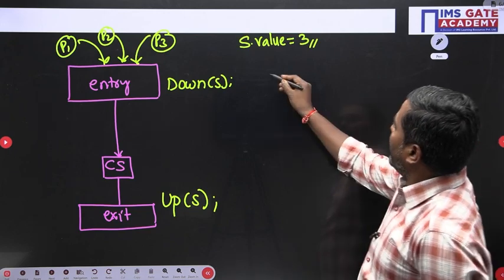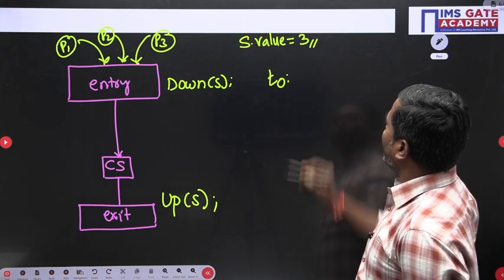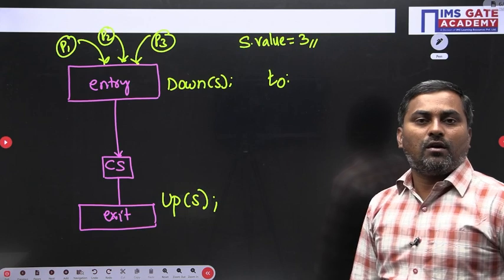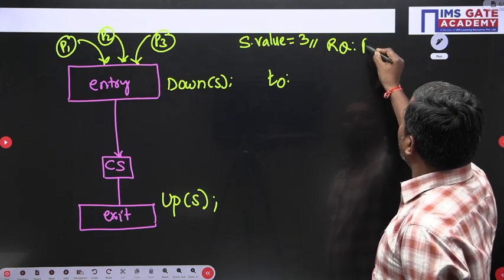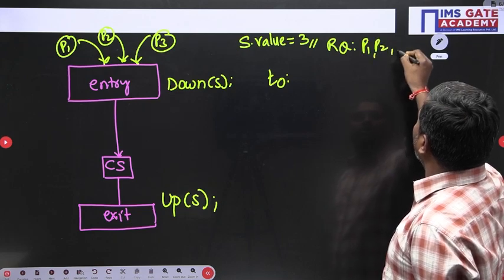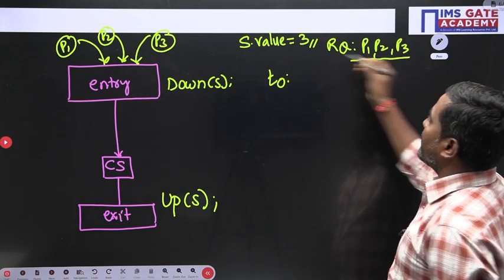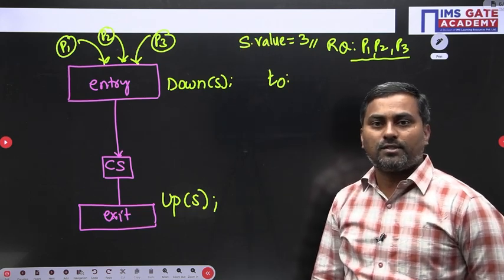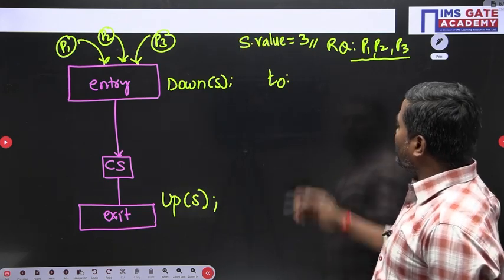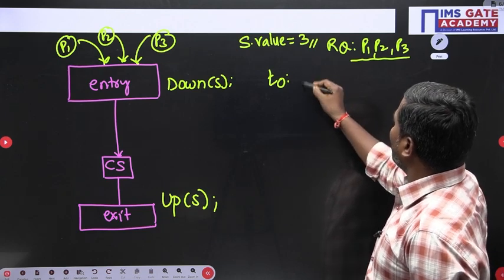Suppose at time T0, under a multi-programming or concurrent environment, the ready queue has the processes P1, P2 and P3, because 3 processes are trying to access the critical section simultaneously. As per the scheduler, at time T0 suppose process P1 is scheduled.